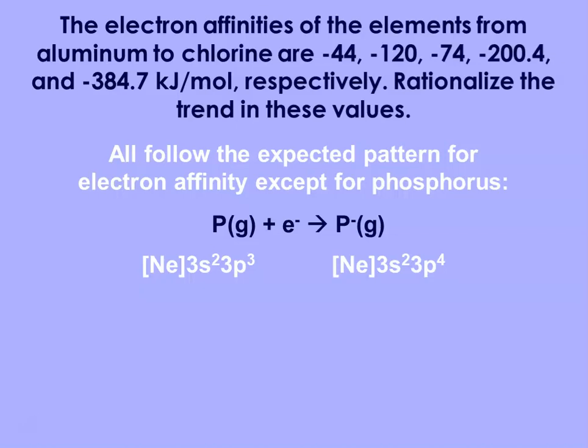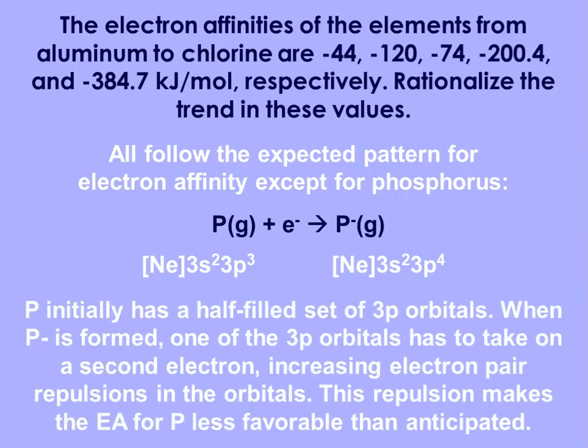So they're no longer in balance, and that's going to cause your configuration to change from a more stable half-filled sublevel to not as stable. It will eventually get there, but 3p3, by having the electrons evenly distributed, is just a little bit more stable than 3p4. So you're going to have less energy given off to make that jump from 3p3 to 3p4.